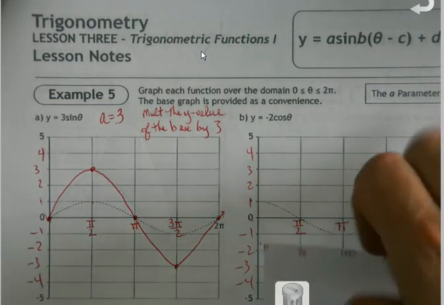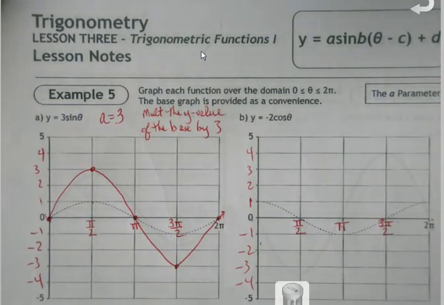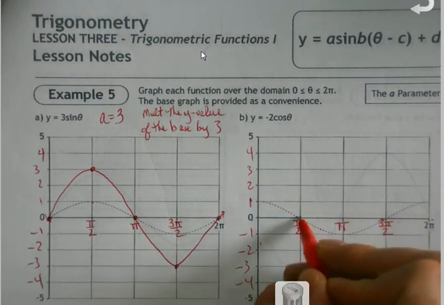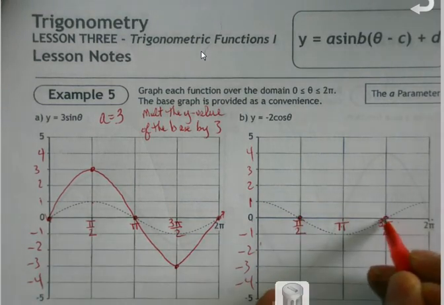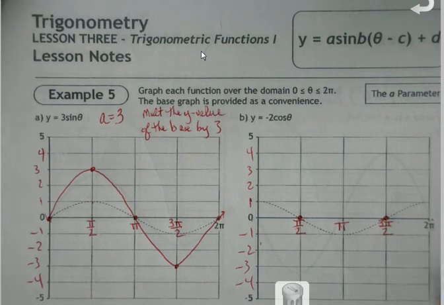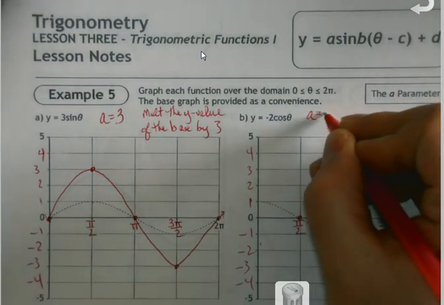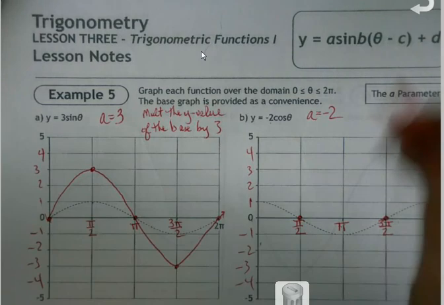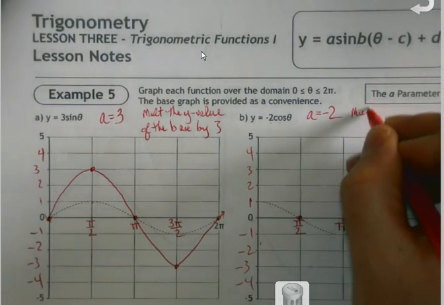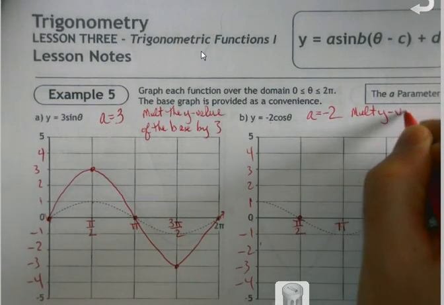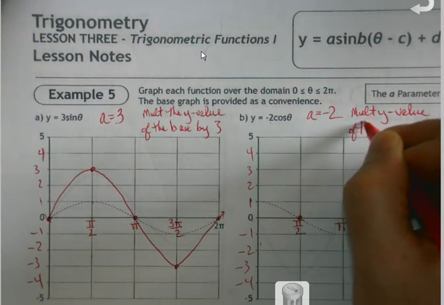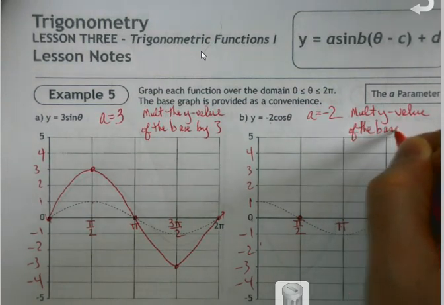So once I have that set, now here's how I'm going to do it. With my new one, any of them that are going through 0 are going to stay at 0, because 0 times anything is going to be 0. I see the number in front of cosine is negative 2. So we're going to multiply the y value of my base, which is already drawn in here for me.